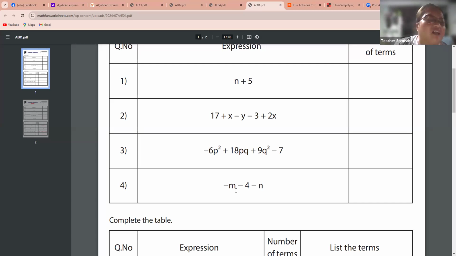Should we reveal the answer now, or we still have to check if we were able to grasp the idea regarding the identifying of number of terms? Anyone? Just answer. Who are done? Anybody? Nobody? Still nobody?